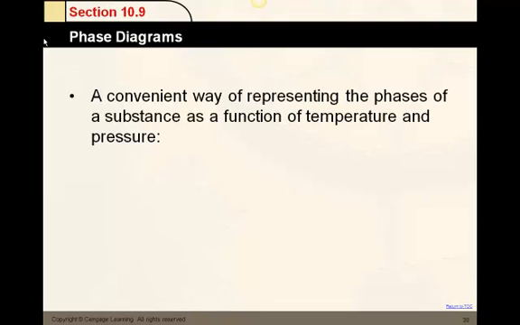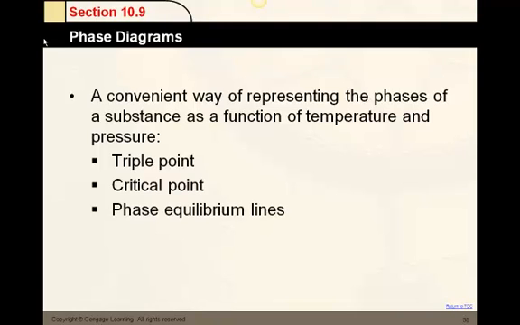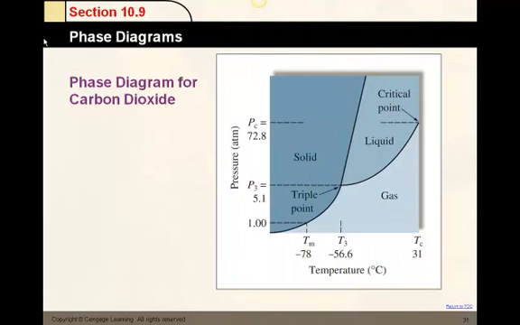A convenient way of representing the phases of a substance as a function of temperature and pressure is by noting these particular spots on a graph: the triple point, the critical point, and the phase equilibrium lines. That's what is shown here, the phase diagram for carbon dioxide. In a phase diagram, you have the 3 phases of matter: solid, liquid, and gas. The solid is always to the left of the Y shape, the liquid is always in the middle of the Y, and the gas is always to the far right.